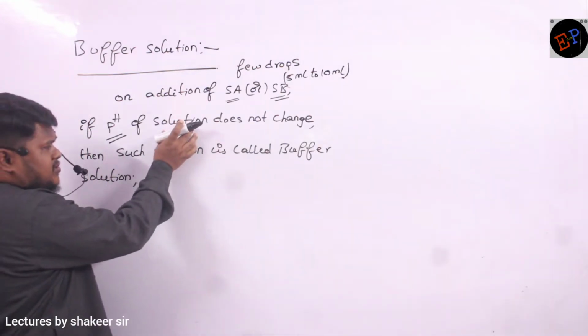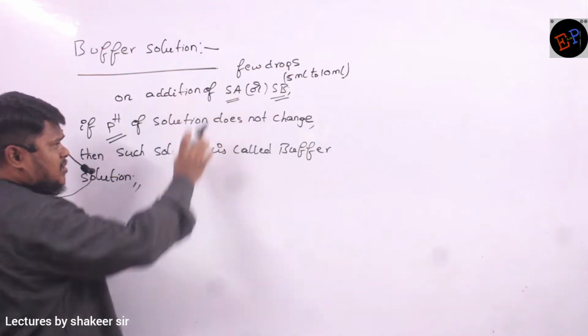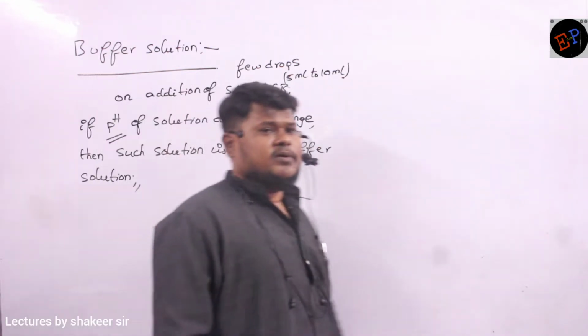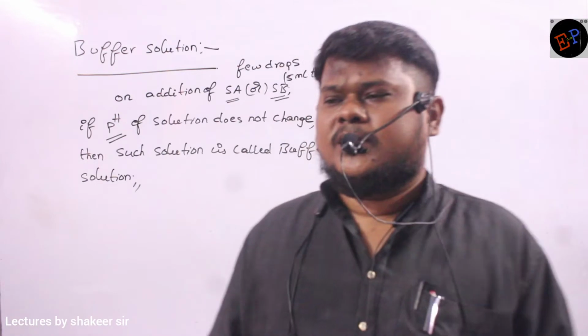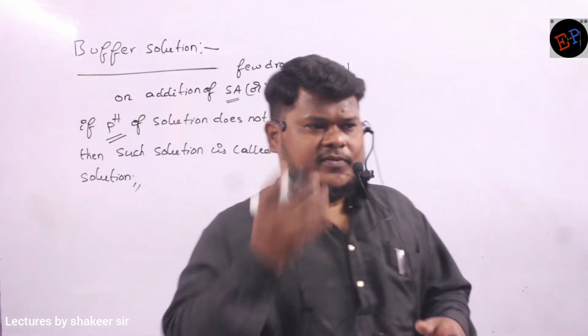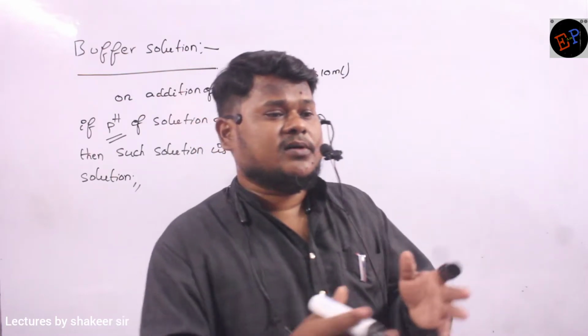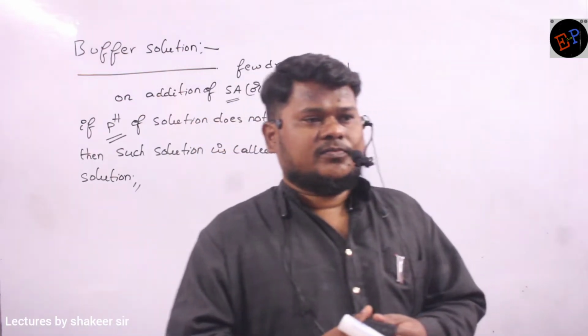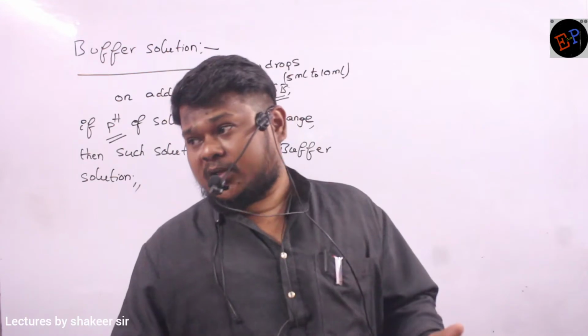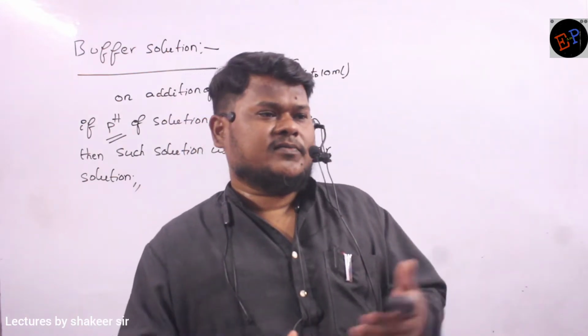See, to any solution, if I add a strong acid, what should happen to its pH value? Increases or decreases? Decreases, because the lesser the pH value, the greater the acidity of the solution.